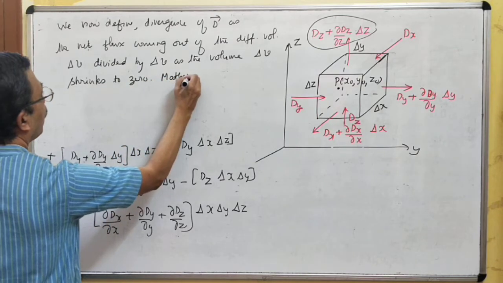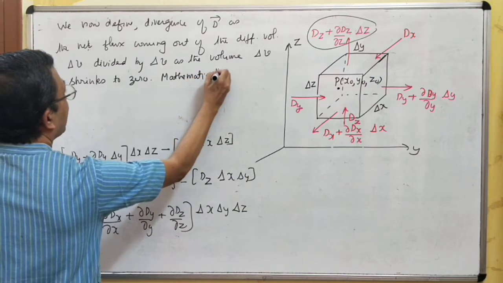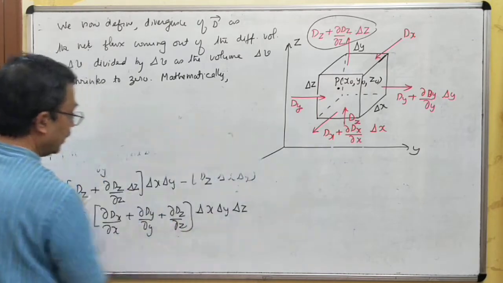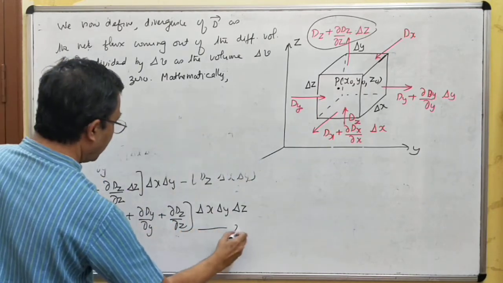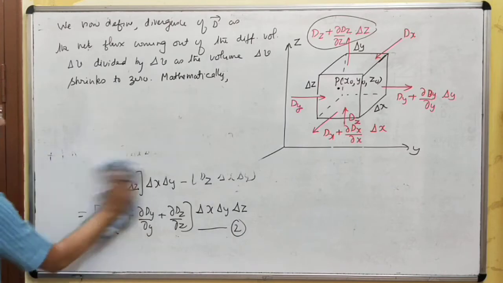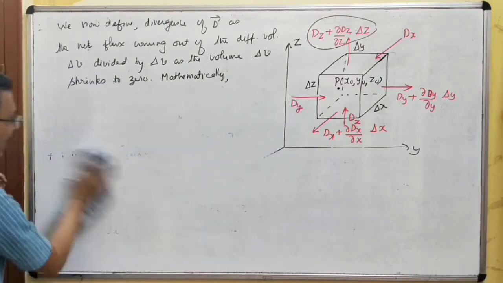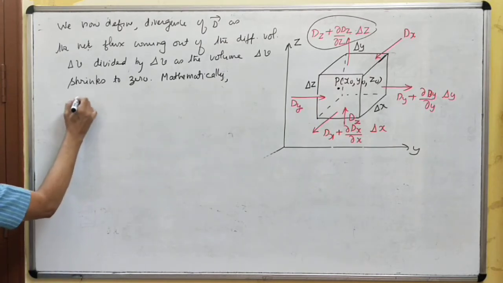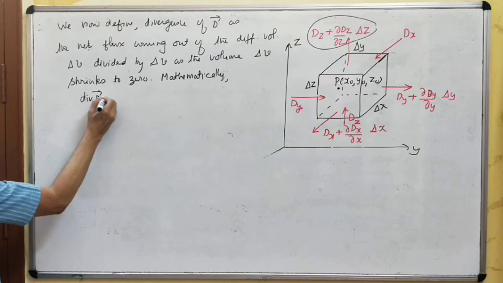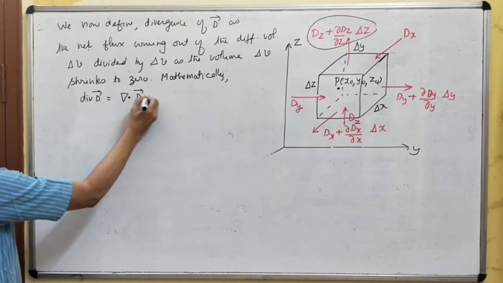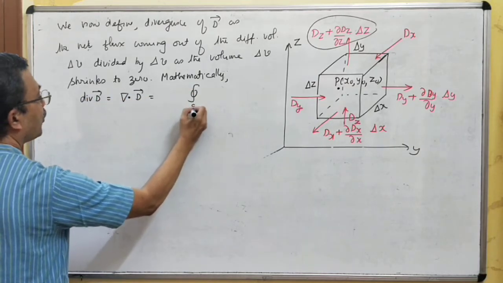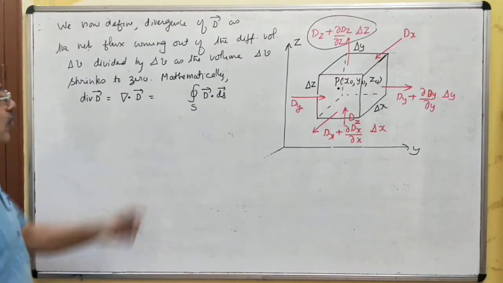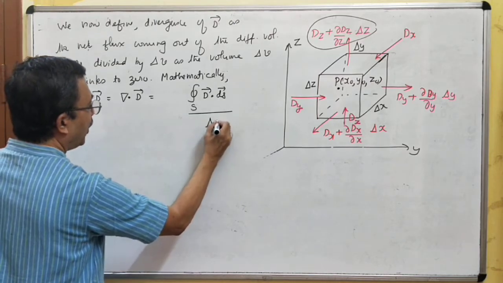Mathematically, this I will call equation number 2. Mathematically, divergence of vector D, written as del dot vector D, is equal to the closed surface integral vector D dot ds, which gives the net flux coming out of this elemental volume, divided by the elemental volume.